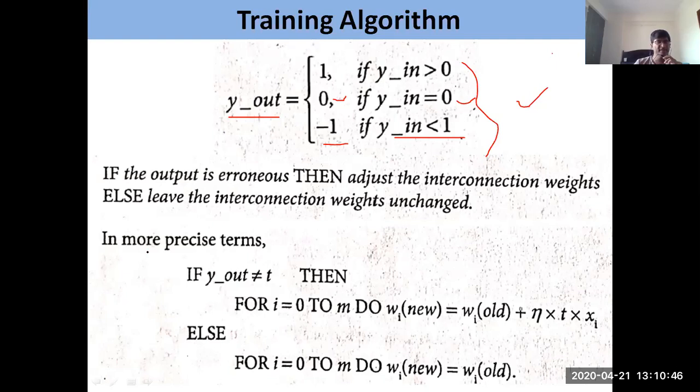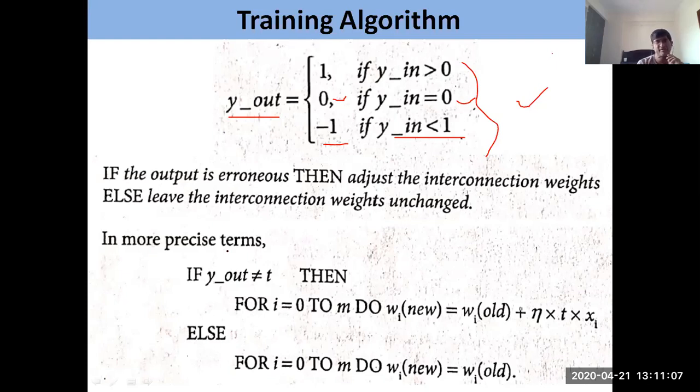So if the output is erroneous, the concept is that once you produce an output, we compare this output with the expected output or the target value. And if there is some error, then we would be adjusting our weights. Then we would be finding the adjusted weights. Otherwise, the interconnection weights would be left unchanged.